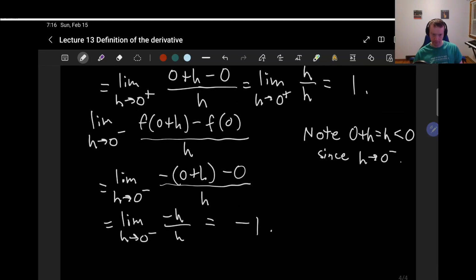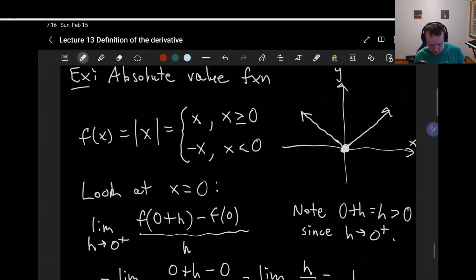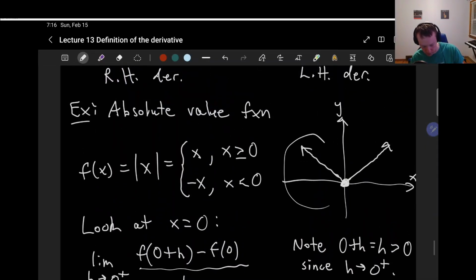Negative 1. So notice that that makes sense with the graph, because we're looking at the left side approaching 0. And the tangent line will be the same as the line itself, has a slope of negative 1.